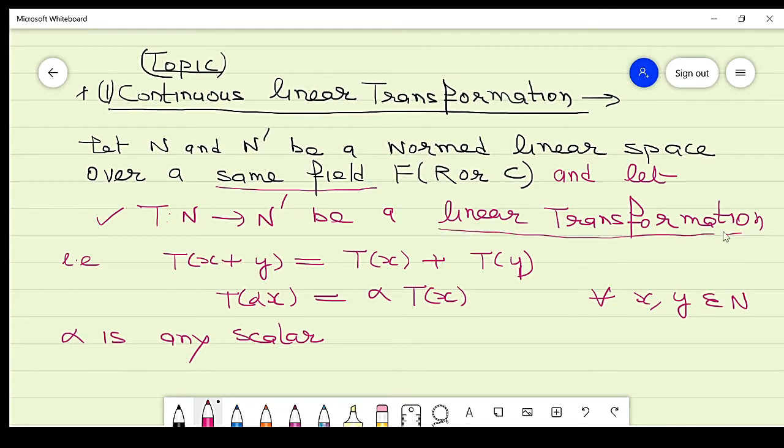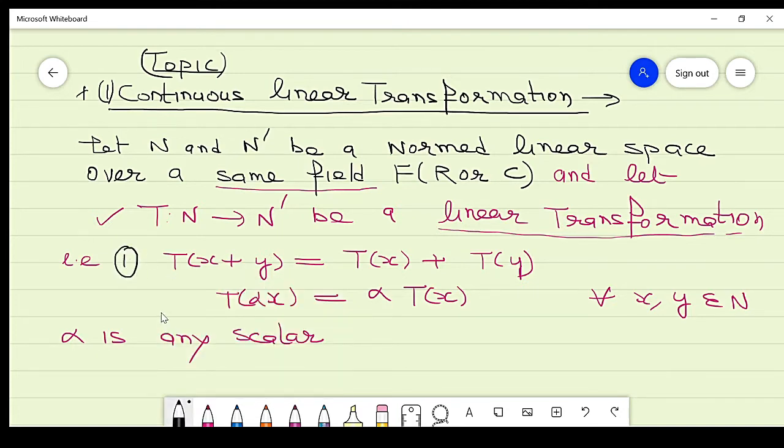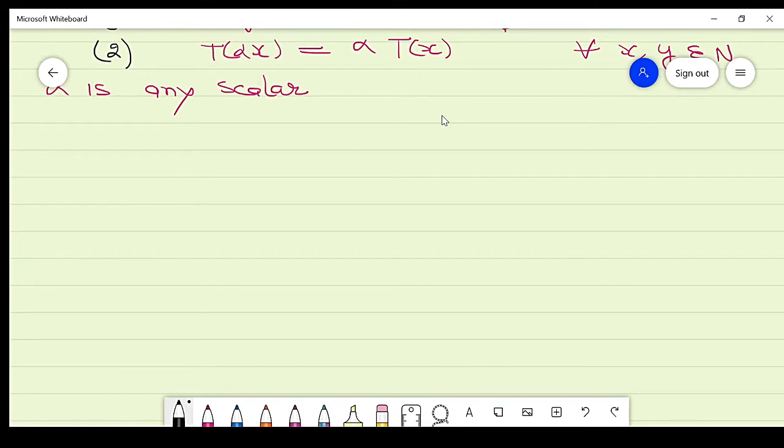So what is the definition of linear transformation? It satisfies two properties. Property number 1, T of x plus y is equal to Tx plus Ty, and property number 2, T of alpha x is alpha times T of x. If any mapping satisfies these two properties, that is called a linear transformation.